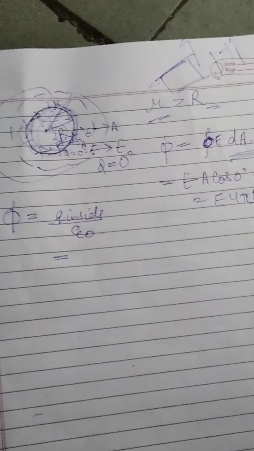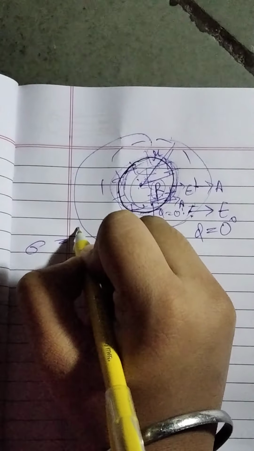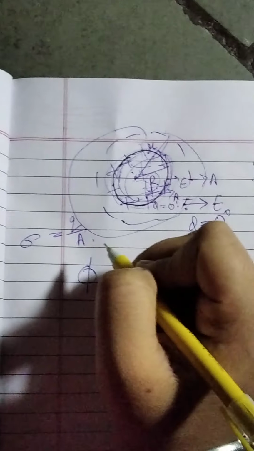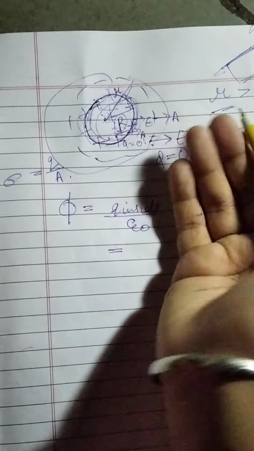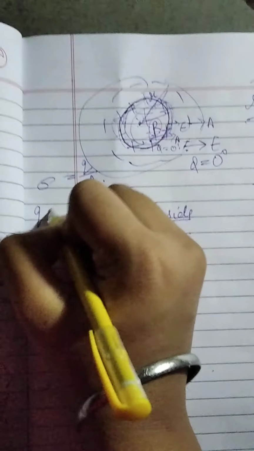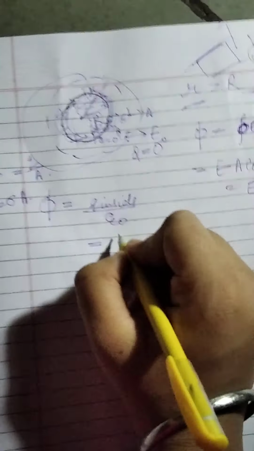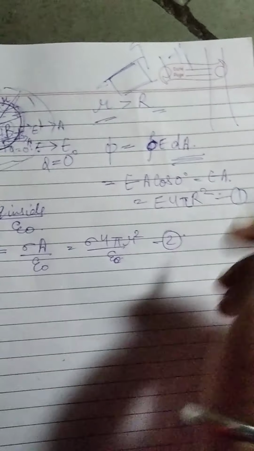Here we'll put areal density, means sigma equals Q upon area. I know the diagram is not so clear, but you can understand this. Otherwise at the end I will draw a fair diagram of this. So this Q equals sigma 4 pi R square upon epsilon naught. Let's give this equation 1 and this equation 2.